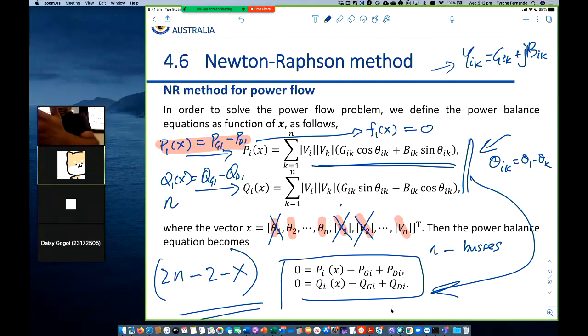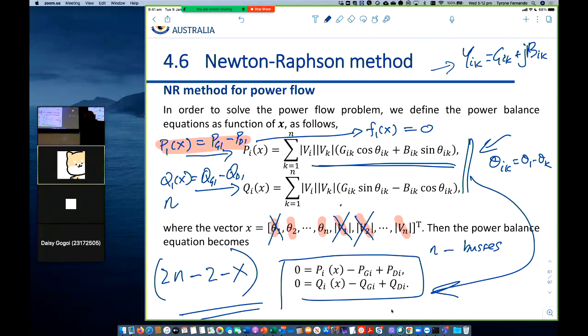For generator buses, say that we have X generator buses. For those generator buses, I already know the voltage magnitude. So that's an equation that I don't need to write, because our objective is to find the voltage magnitude and voltage angle.